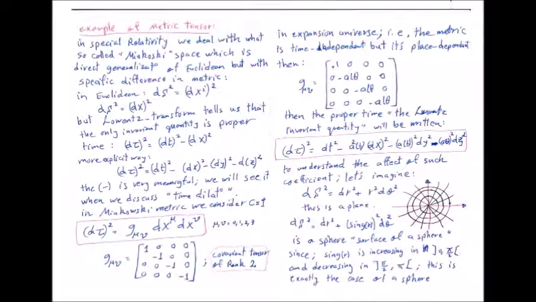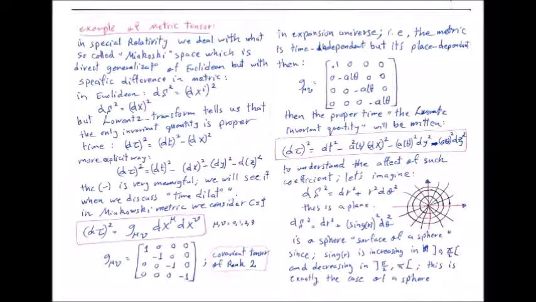So what is the effect? How can we extract the physics behind this metric? We need to understand the role of the coefficient in front of dr², or dθ², or dx², or dt². Let's imagine polar coordinates, where we proved previously that the metric is ds² = dr² + r² dθ².